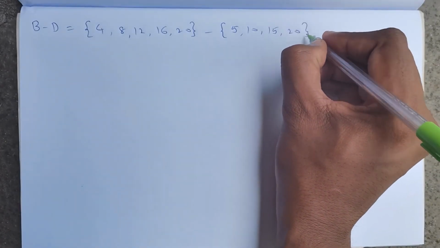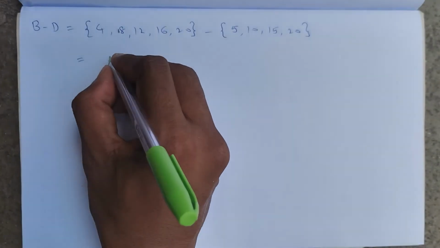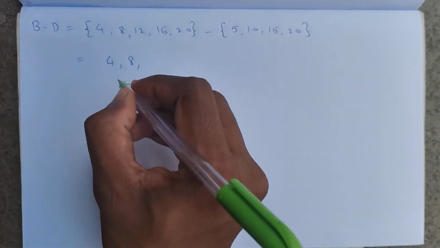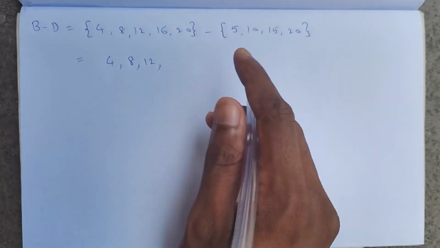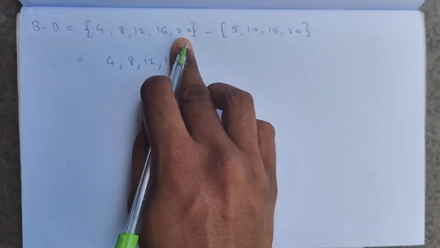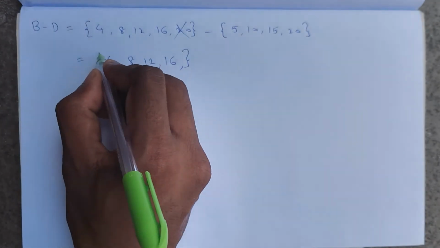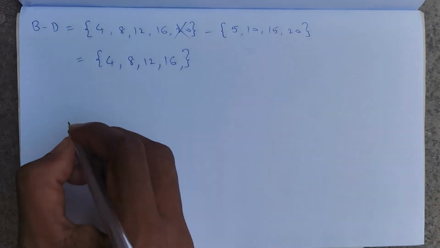So now if we find this B minus D, here 4 is there, here 4 is not there, so write that 4. Here 8 is there, here 8 is not there, so write 8. Here 12 is there, 12 is not there, so write 12. Here 16 is there, 16 is not there, so write 16. Here 20 is there, here also 20 is there, so remove that 20. So B minus D will be having 4, 8, 12, 16.